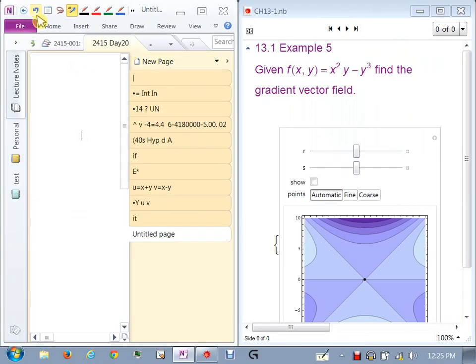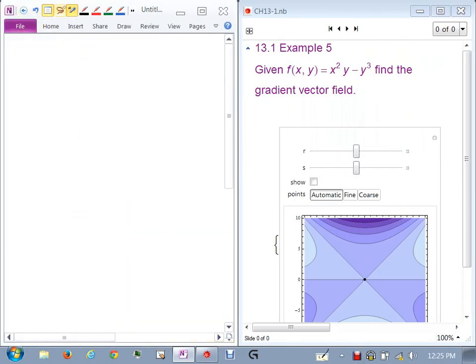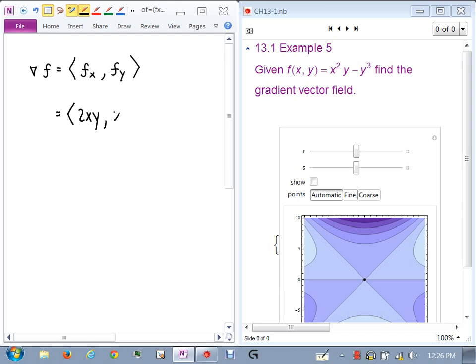I know it's been so long since we've... Okay, the gradient of f is the partial of f with respect to x, partial of f with respect to y, written as a vector, right? So what is the partial of f with respect to x? 2xy. What is the partial of f with respect to y? 3y squared.